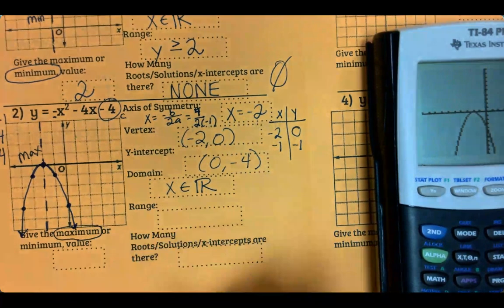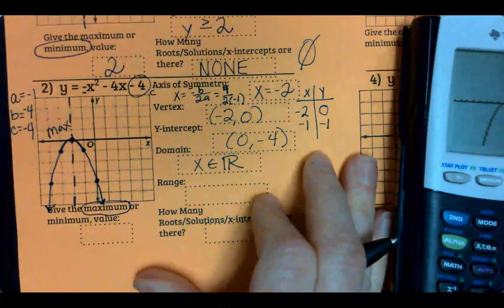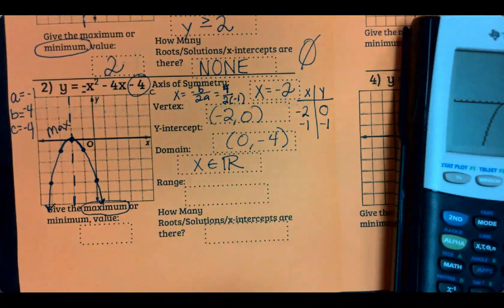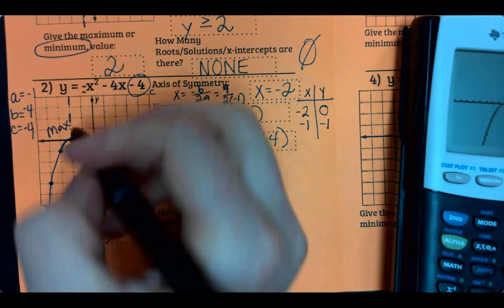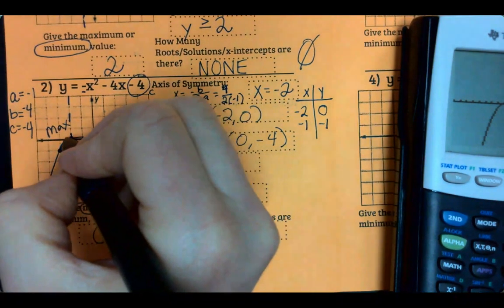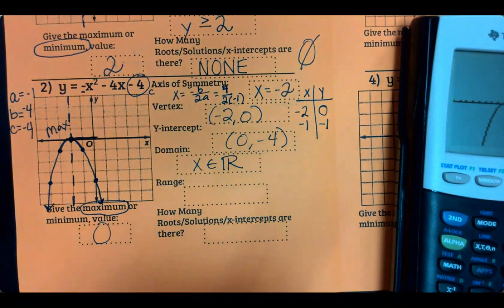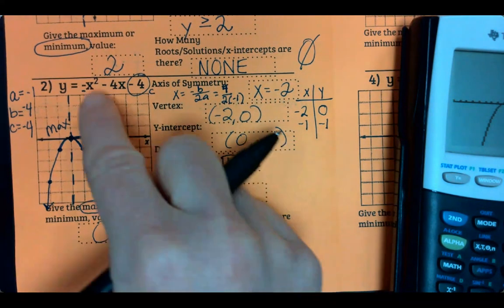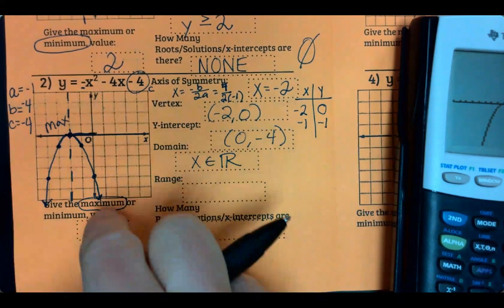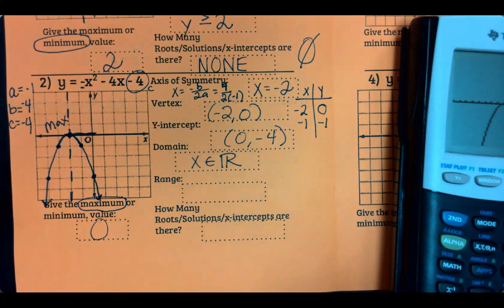Circle maximum. What is it? What is the highest point? It would be this, which is 0. Negative 2 is the x, but when we're talking about max and min, we only look at how we measure height, which would be the y-axis.